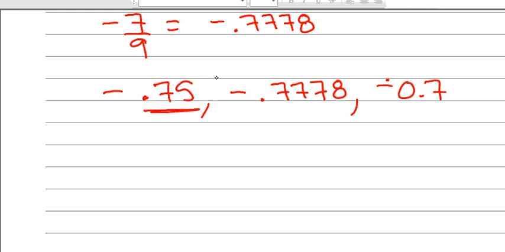Okay, I'm going to look at the first two. If you need to line them up, if you want to put a 0 here, you can. And remember, we're looking for the smallest one.